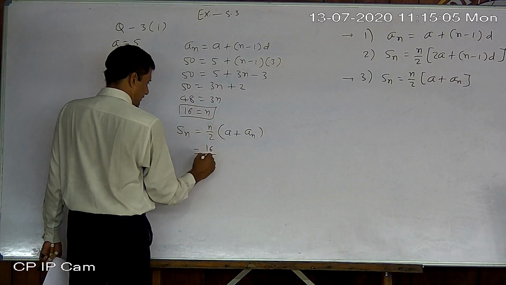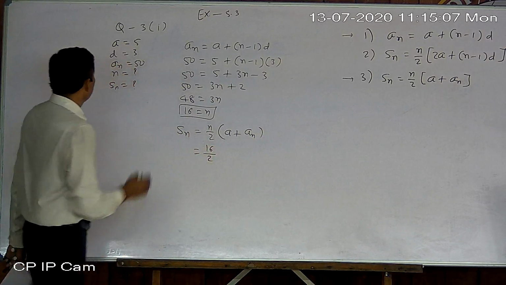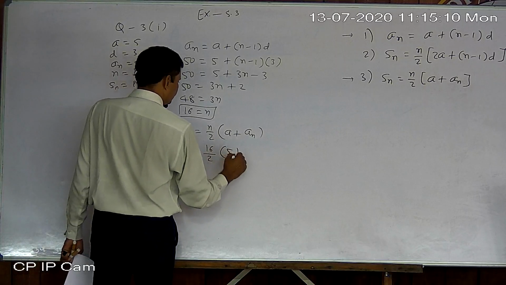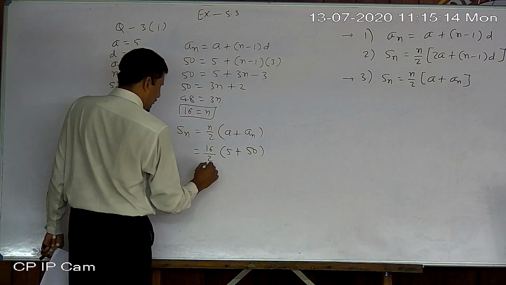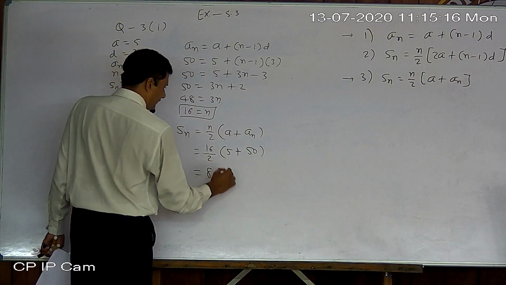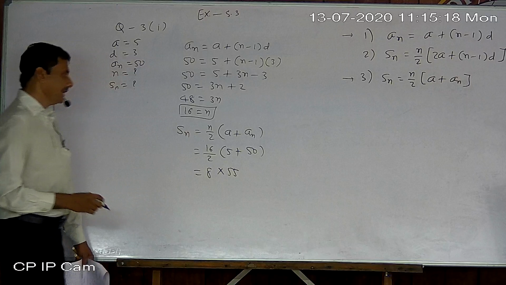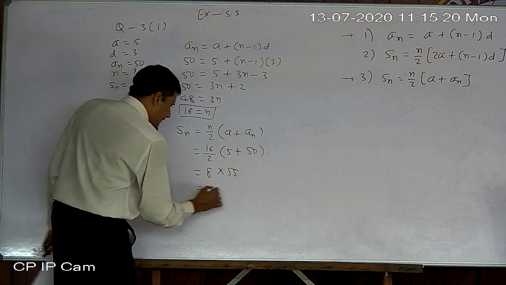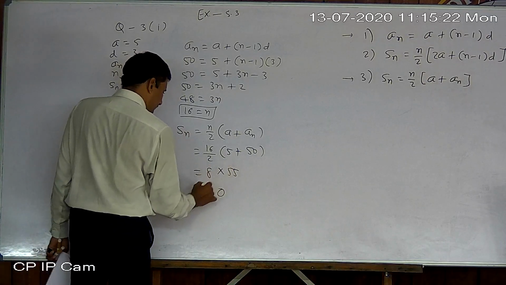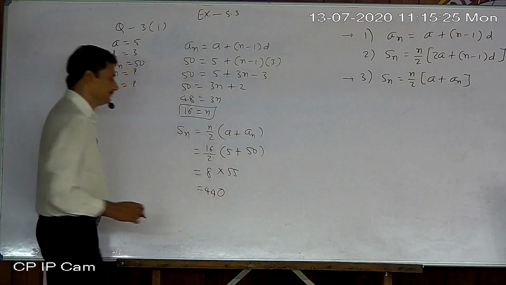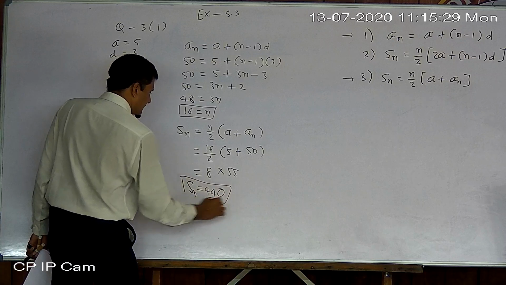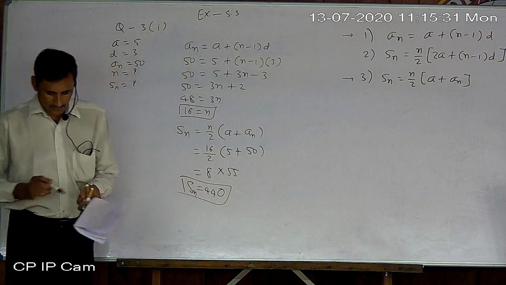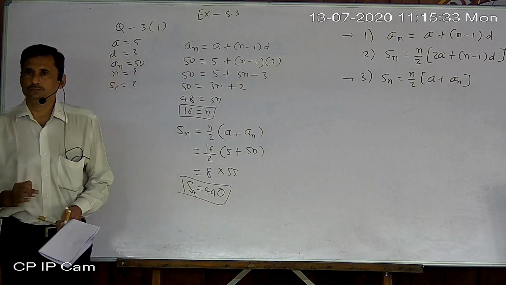n is 16, which we found, and you have to use it here. a is given as 5 and an is 50. Now 8 into 55. 8 fives are 40, and 8 fours are 32... so that is 440, and that is Sn. So we got both answers.